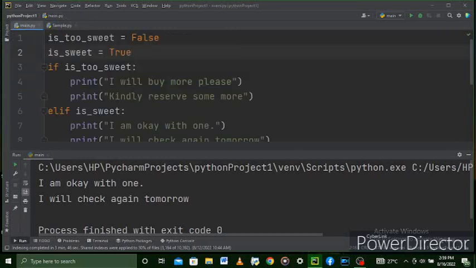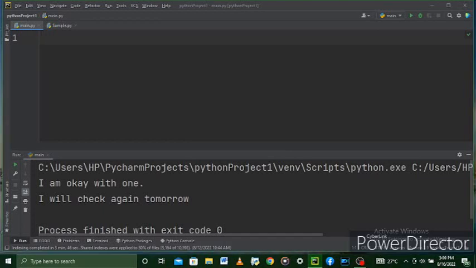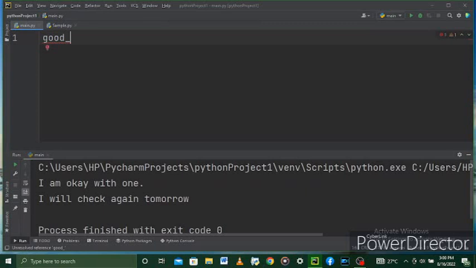Okay, so we're going to go into that, but before we do that, we'll have to first of all get our variables. All right, so what is the first variable? Good credit record. Let's say the good credit record is true, which means he has a very good credit record.